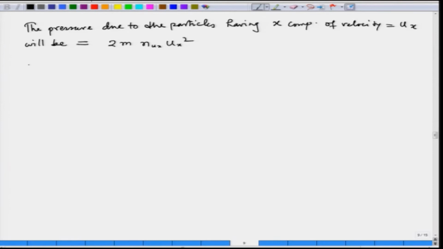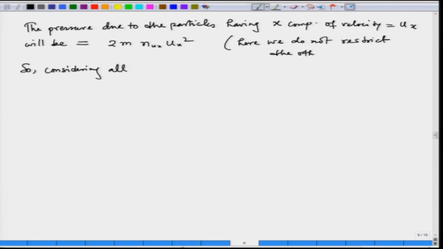Now, considering all possible, here we do not restrict the other components of velocities.